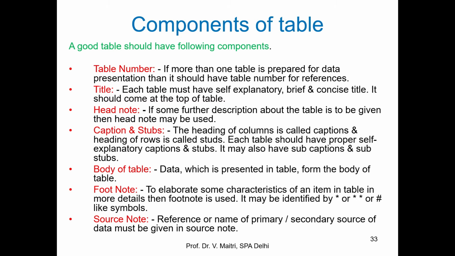First of all, the table number. If you are presenting more than one table, then you must have a table number. It is very necessary for giving references. And how is the table number to be given? If you are writing in a chapterization process, then chapter 1.1, 1.2, 1.3, and similarly chapter 2.1, 2.3 or 2.4.